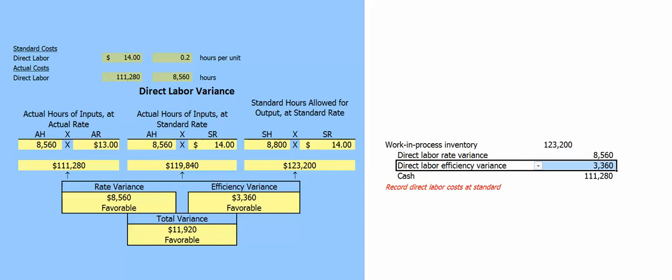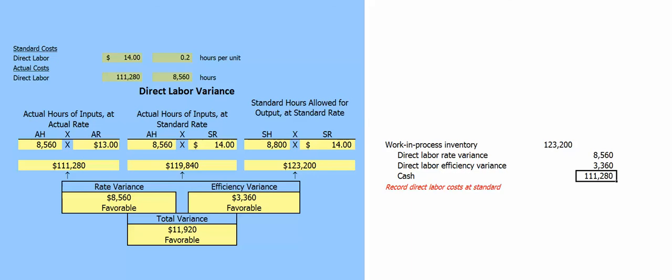Of course, at the end of the period, just like we would with under or over applied overhead, we need to close out our labor rate variance and our efficiency variances. And once again, we will close these out to cost of goods sold. In this case, the amount we charged to work in process, $123,200, was higher than the actual amount we paid.